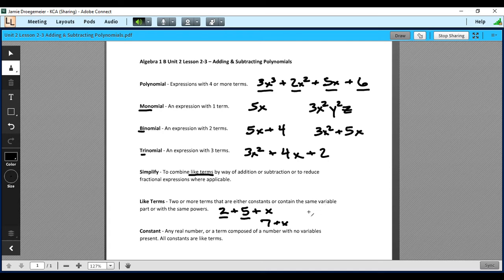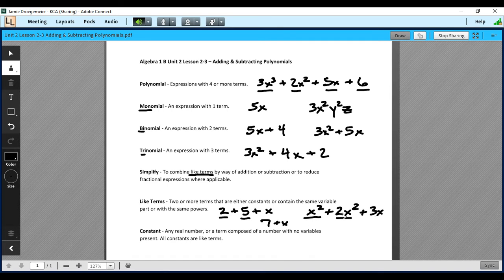If I have variable terms, I need the same variable and the same power. Let's say I have the expression x squared plus 2x squared plus 3x. They all have an x. These two have an exponent of 2. This one doesn't have an exponent; we understand that it has an exponent of 1.